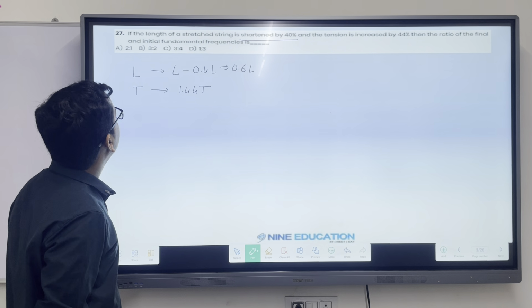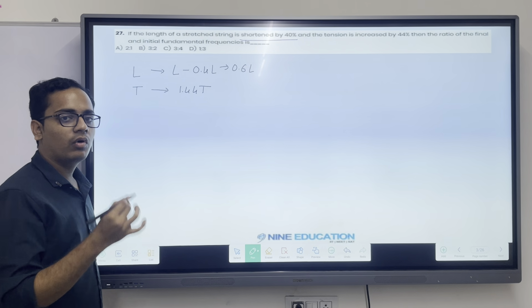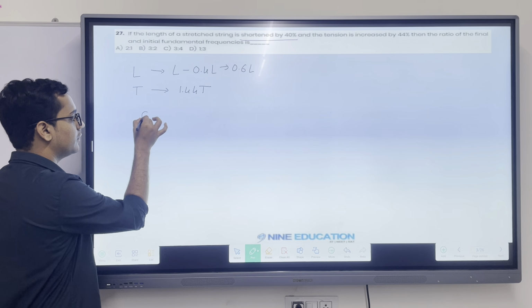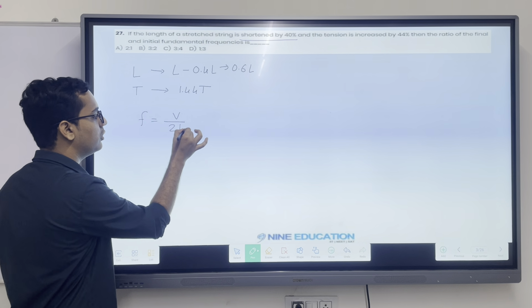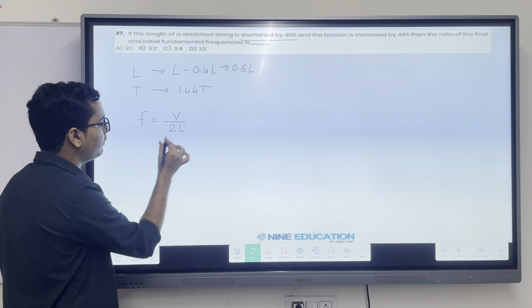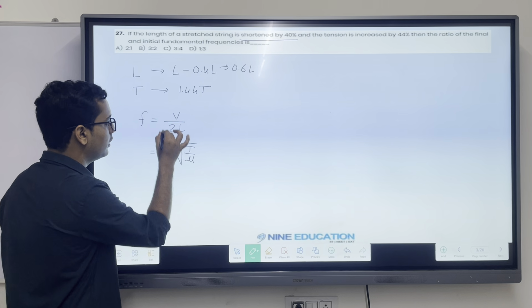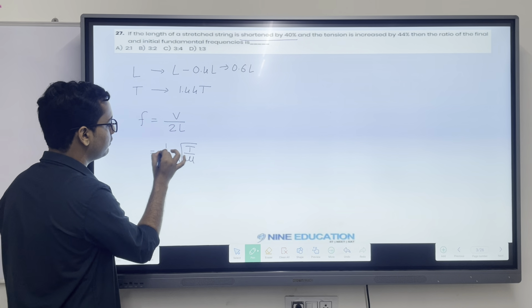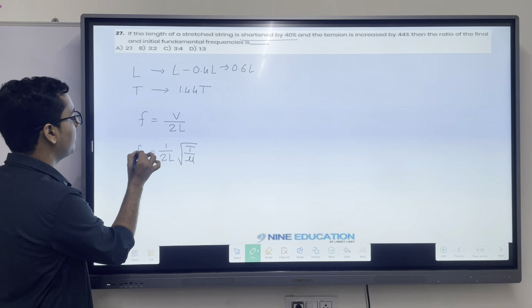Then the ratio of final and initial fundamental frequencies is, what is fundamental frequency? We can get fundamental frequency as v divided by 2L, where v is the wave speed. How do I write v? I can write v as square root of T by mu, so this is the fundamental frequency.